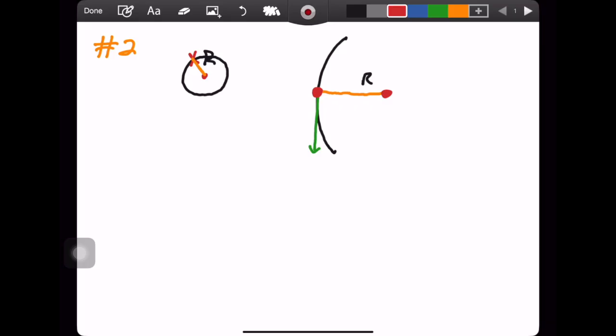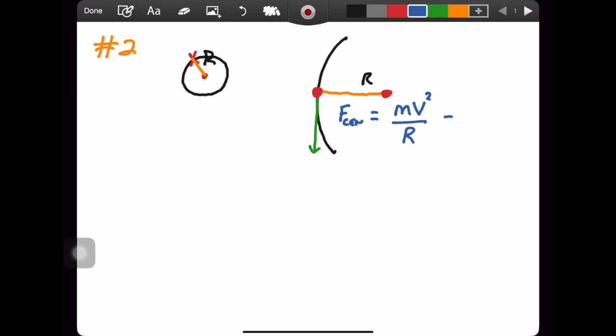And so we define a centripetal force, which I will call F_cen, as equal to the mass of the object doing the circular motion, times the velocity of the circular motion squared, divided by r, which is the distance from the center of the circular trajectory to where the object is located.